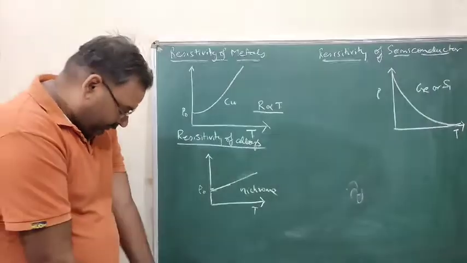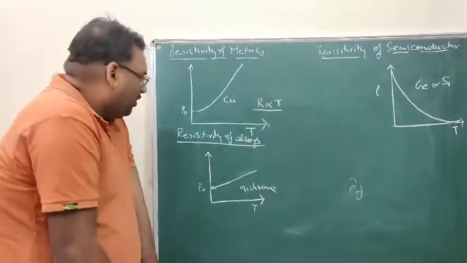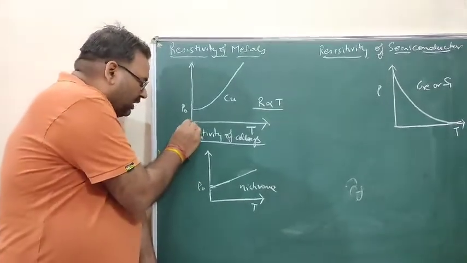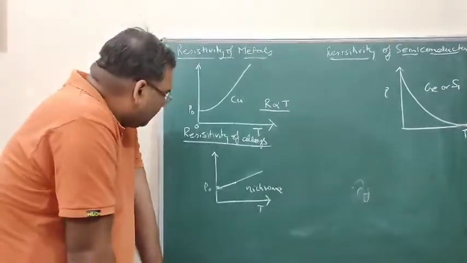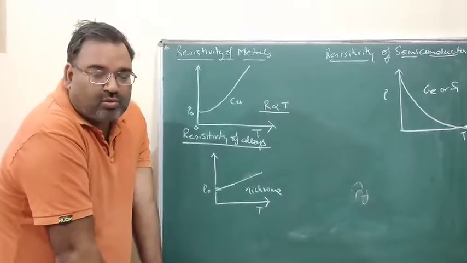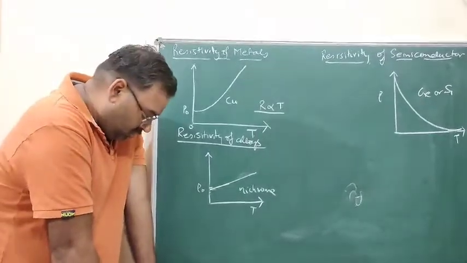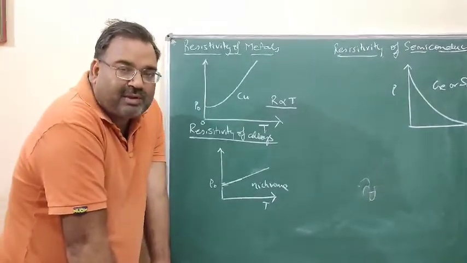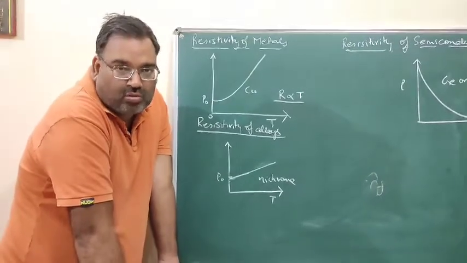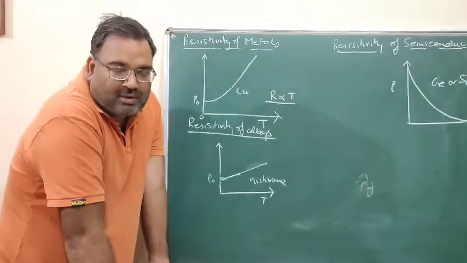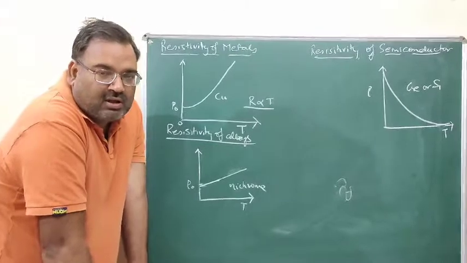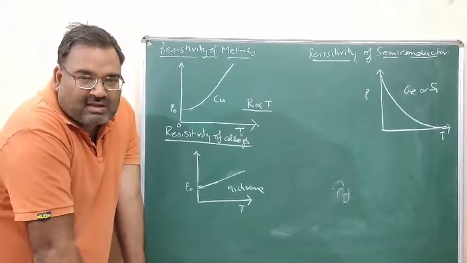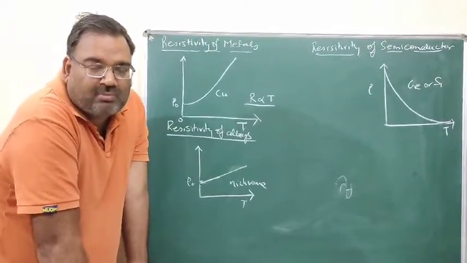Now here, what are we seeing? We are seeing that at 0, the resistivity is not 0. If we bring down the temperature to absolute 0, then also the resistance or the resistivity does not become 0.